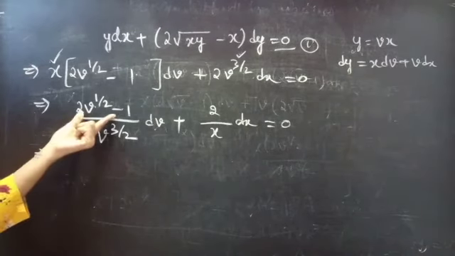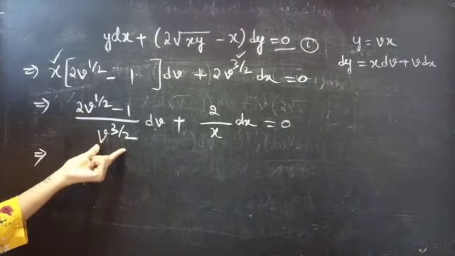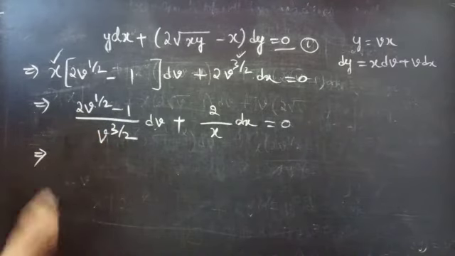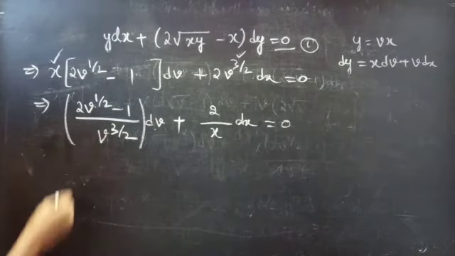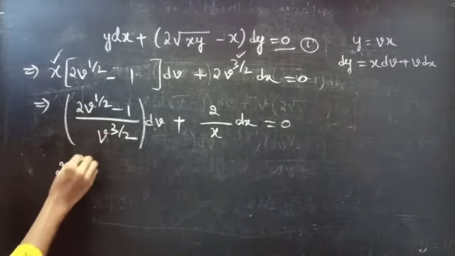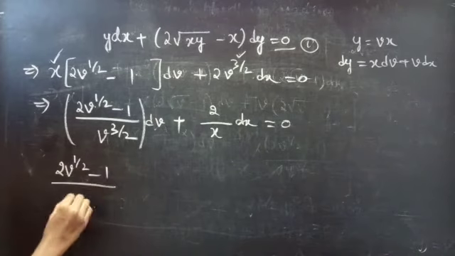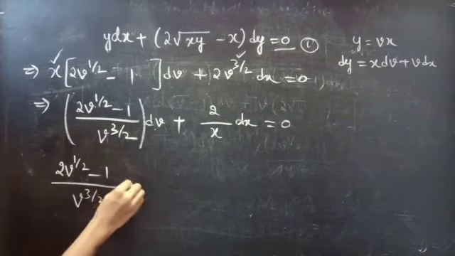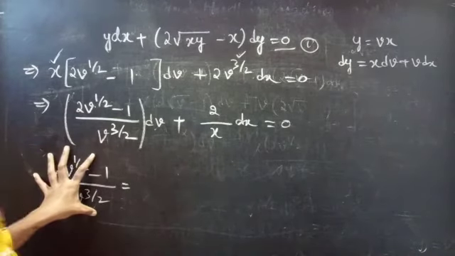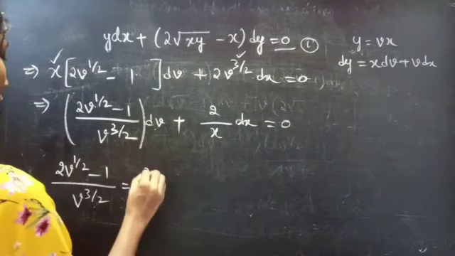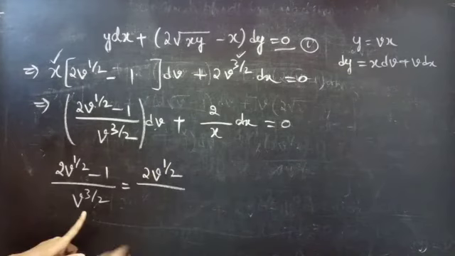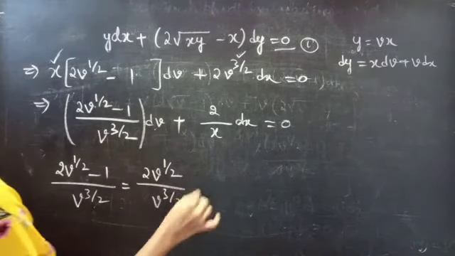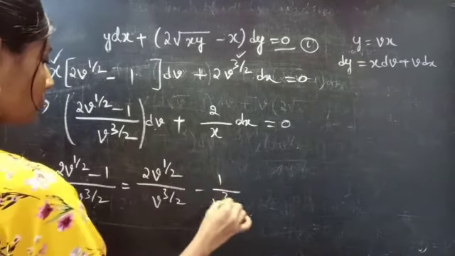Since you're having two terms in the numerator and one term in the denominator, you can split this. Let's consider this part, 2 v power 1 by 2 minus 1 by v power 3 by 2. Now you'll split the total fraction: 2 into v power 1 by 2 by v power 3 by 2 minus 1 by v power 3 by 2.